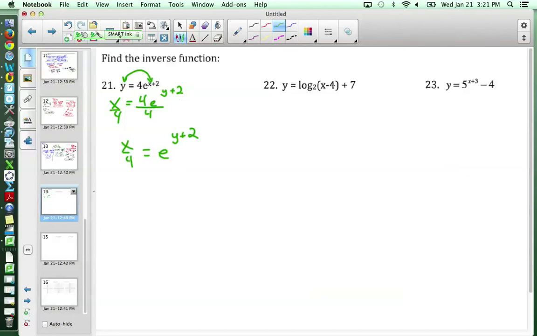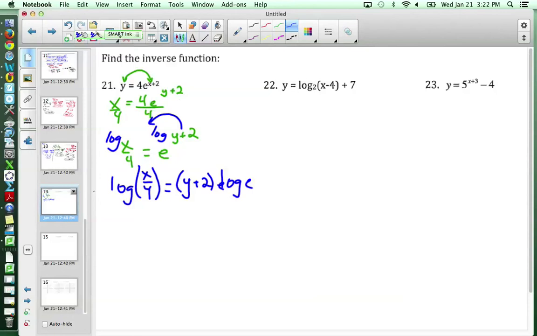The method that we use to do that is taking the log of both sides. So on the left side, we have the log of x divided by 4. And on the right side, if we take the log of e to the y plus 2, we can just swing the y plus 2 out front. So we get y plus 2 times the log of e.